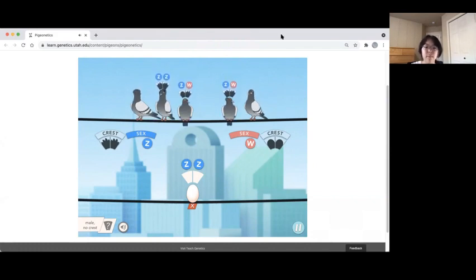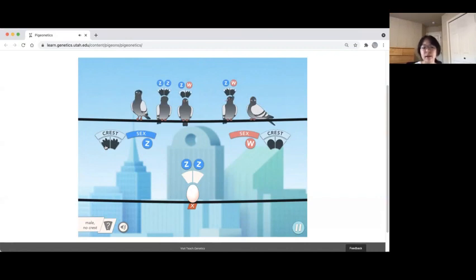If a pigeon does have a crest, it is represented by 2 lowercase c, because like I said before, the lowercase letters are always recessive. This is very important, and I'm going to repeat this a lot: lowercase is recessive and uppercase is dominant. When you're trying to make a pigeon, you have to follow the rules, otherwise your bird might look very messy.